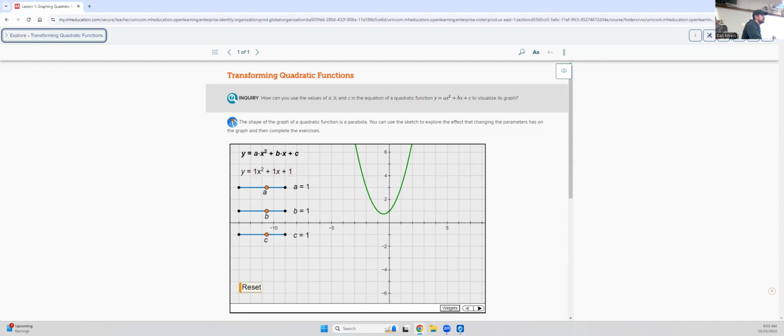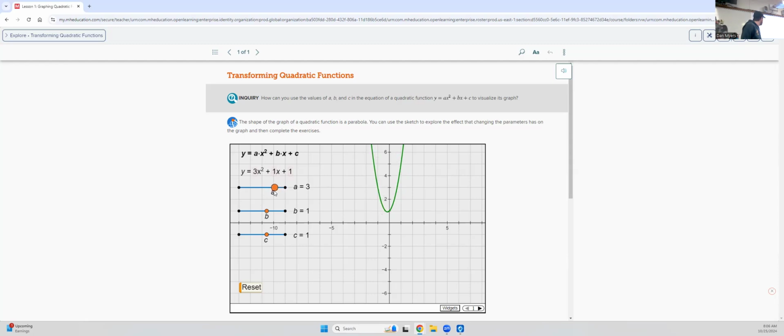Yeah, the width. Dilation just means it's getting narrower or wider. And then at the top of page 59, what else does A control? Yeah, if there's a reflection or not. So here we go. If we make A larger, it gets narrower.